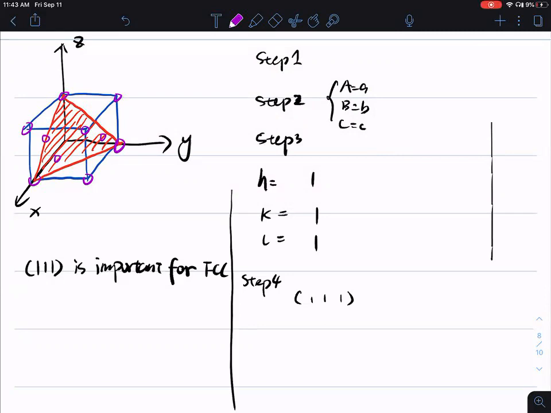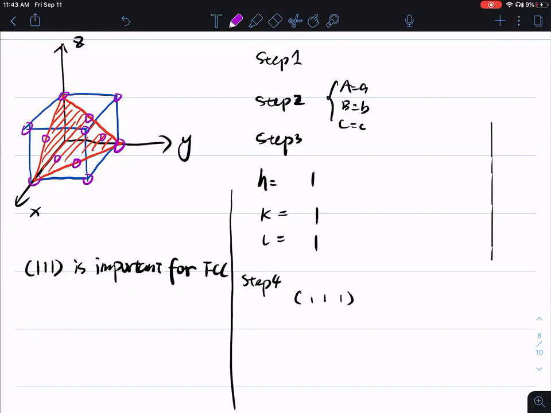That face, the bottom face, the back face. So that plane (111) will cut through most atoms in FCC, right? Can you see that? That plane cuts through all the face atoms.